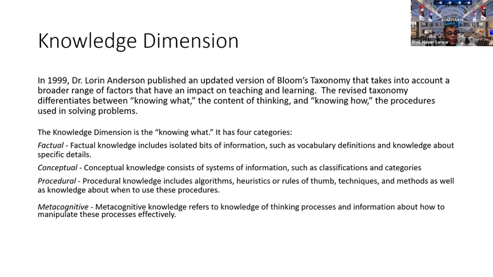So we can see that knowledge has four dimensions, but all of these are knowledge. And knowledge means knowing something. So knowing something at the metacognitive dimension means that someone knows how to think, how to move forward his thinking process and information, and how to manipulate these processes.